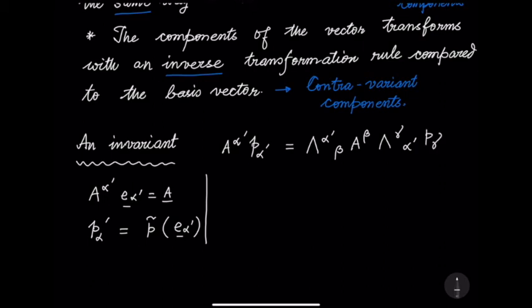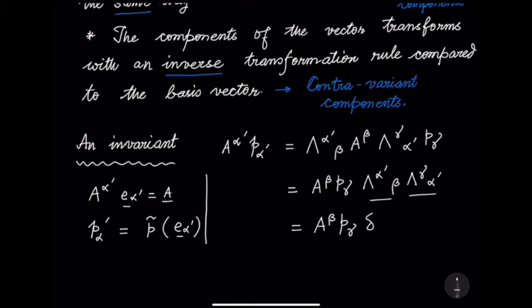So this is A beta P gamma. But you remember that these two matrices are inverse to each other, and we have shown last time that this is essentially the Kronecker delta.